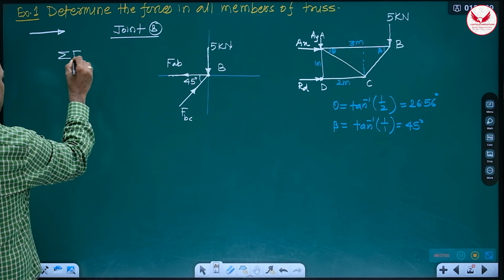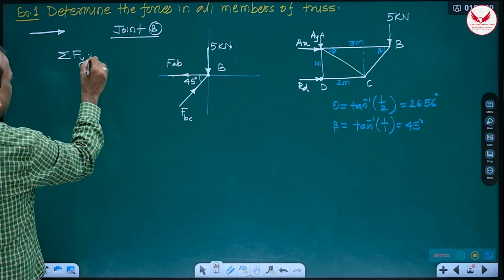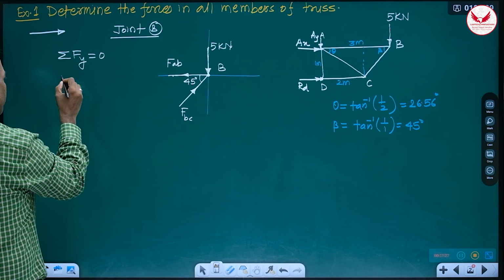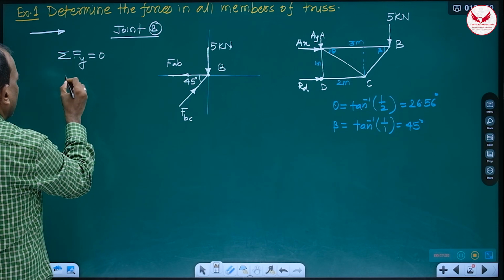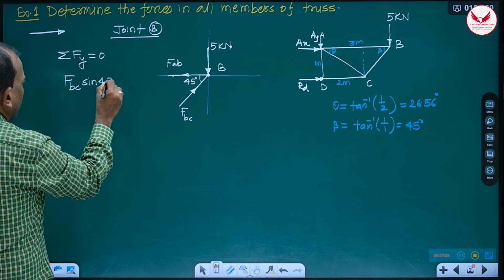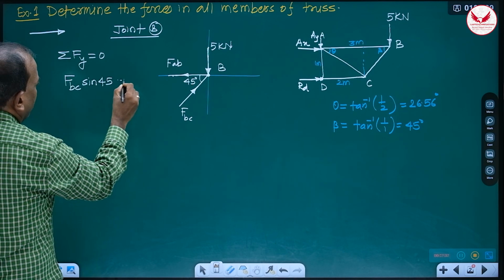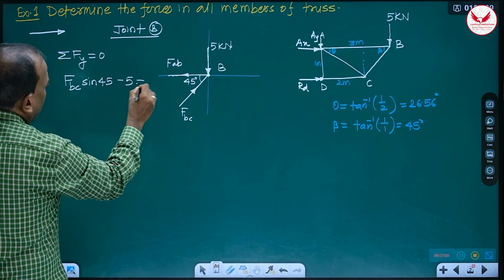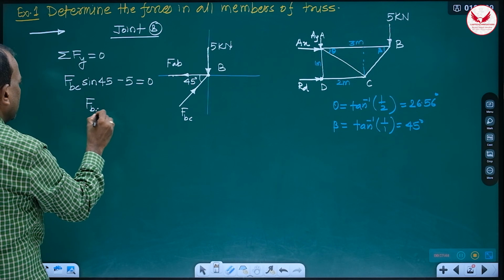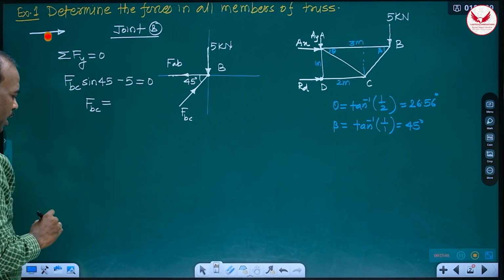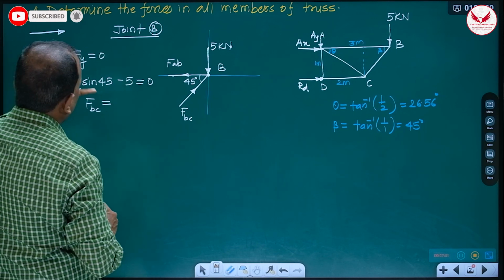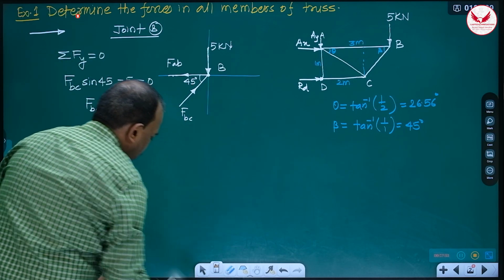Summation Fy is equal to 0. For summation Fy, FAB will not be in the picture. FBC sine 45, it is upward, plus minus 5, is equal to 0. Then what will be FBC? FBC is going to be 5 divided by sine 45.